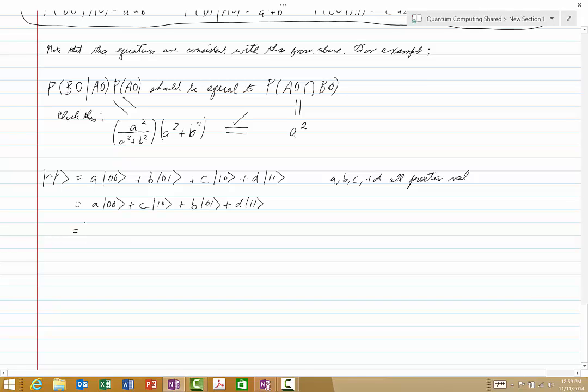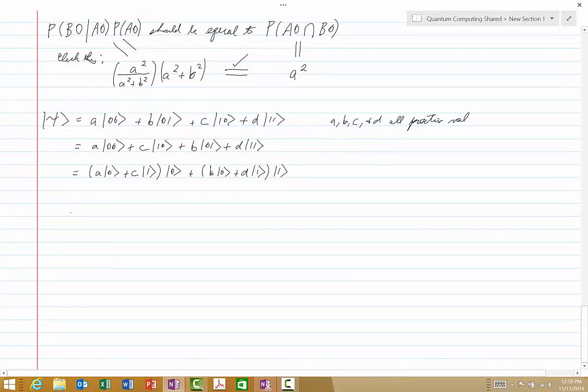And now we see that this can be written as A 0 plus C 1 times 0. And of course, it's not really times, but it's tensor product. And then here we will have B 0 plus D 1 tensor product with 1. And now, just as we did before, we will normalize the parenthetical expressions.